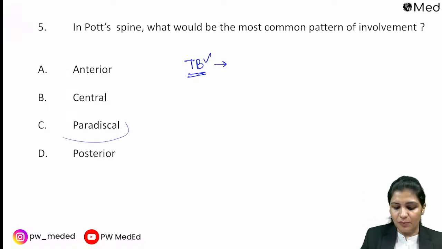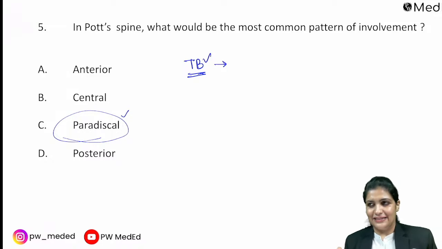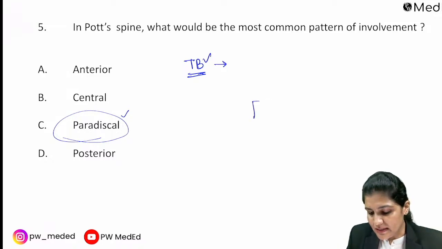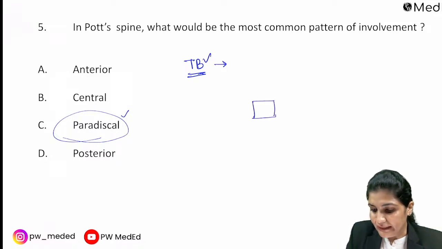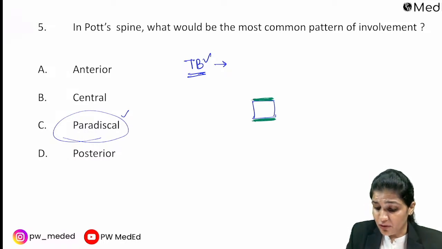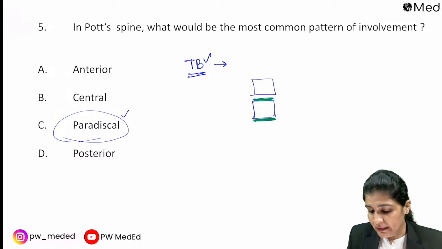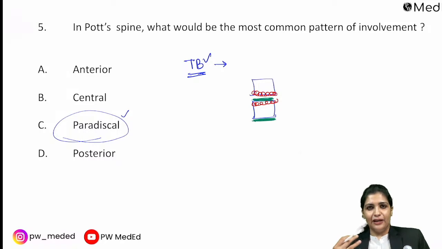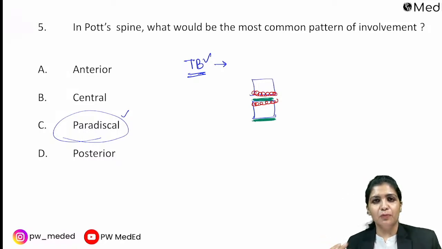In that case, the most common pattern would be paradiscal. If you remember, this is the vertebral body, and here you see the disc above and below, right? Usually the tuberculosis is seen in and around the disc. So the disc is usually involved in case of tuberculosis, and the most common pattern would be the paradiscal part.